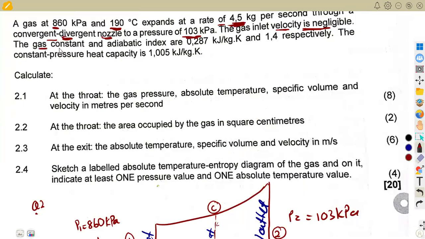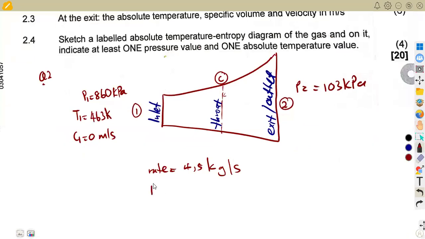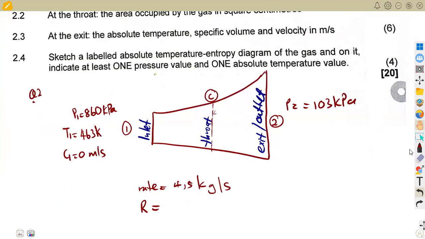We do not have that value. And also the gas constant and the adiabatic index are given respectively. The gas constant is R, which is 0.287 kilojoules per kg Kelvin.